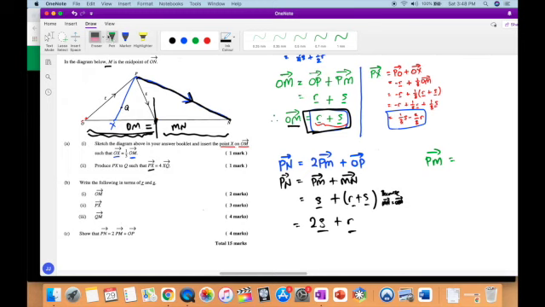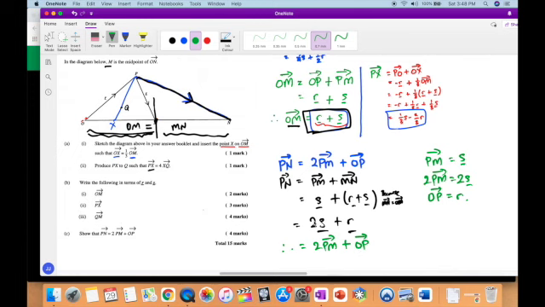We see here that PM is really S, and yes, is it? Yes. So therefore 2PM is going to be 2S. And we saw here that OP is equal to R. Therefore, this is 2PM plus OP.